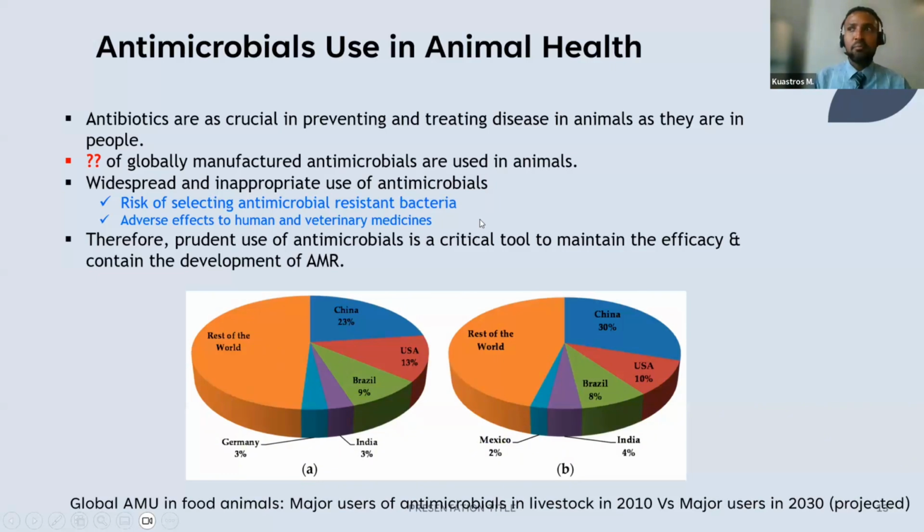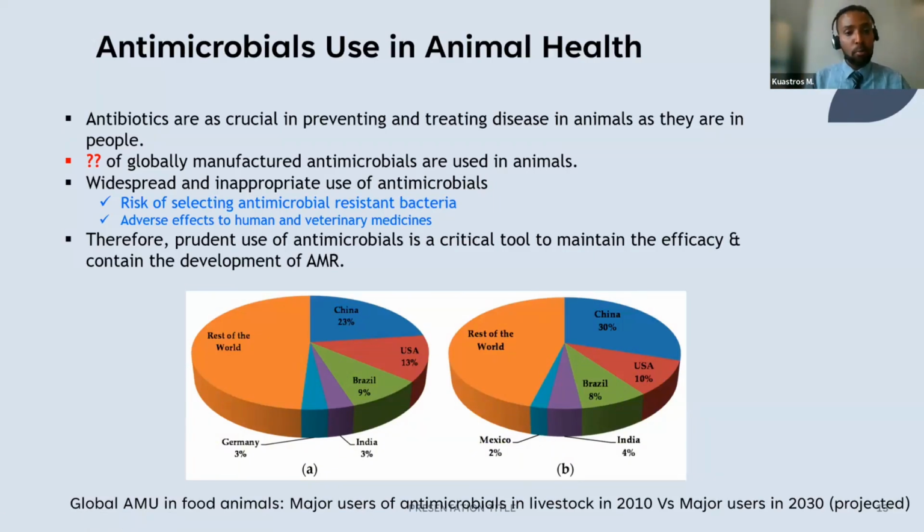Most people think the percentage is low, but surprisingly, the antimicrobials manufactured for animal use are higher, 66%, than those produced for human purposes. So antimicrobials are really heavily used in livestock production.